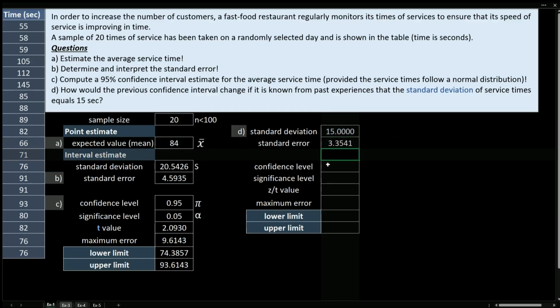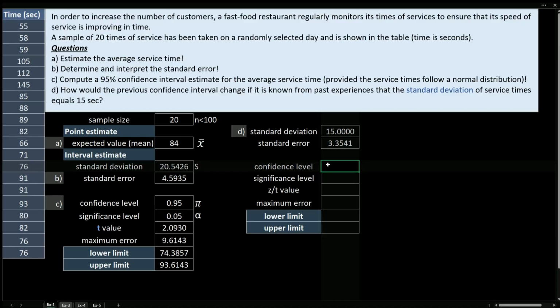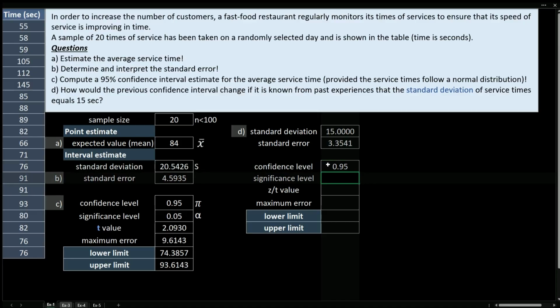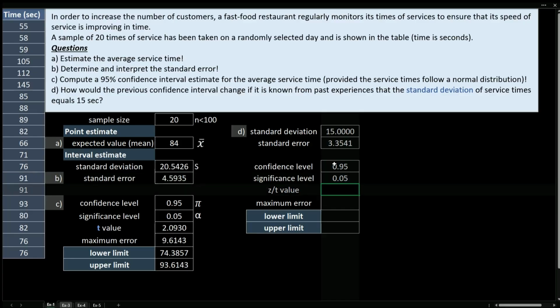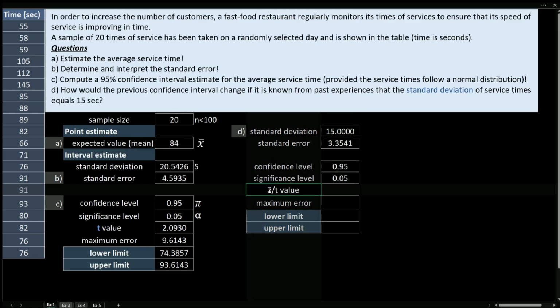and confidence level the same, significance level 1 minus confidence level. Now this time, since sigma is known, we can use z value. So t value is for the case that sigma is unknown and the sample is small.